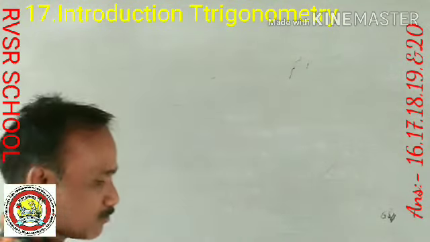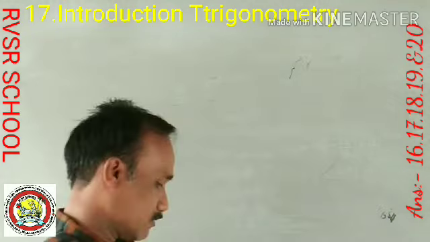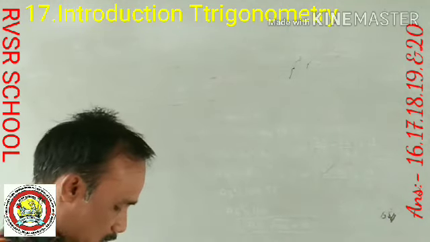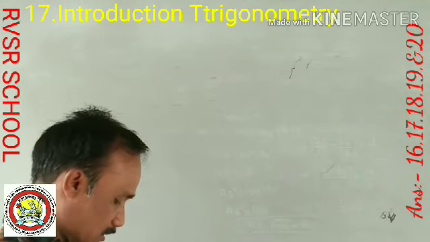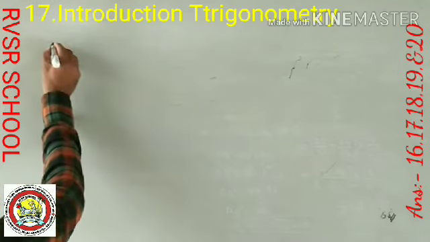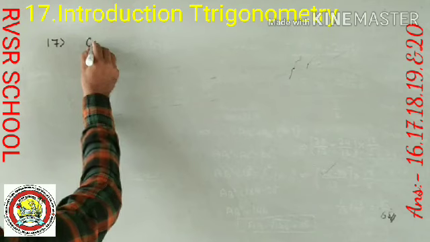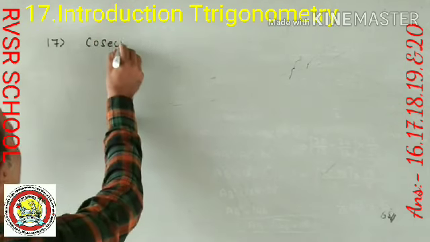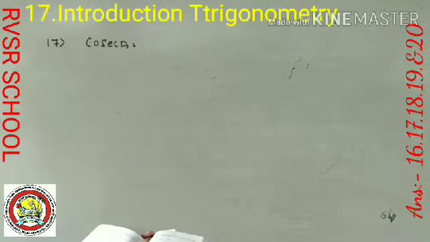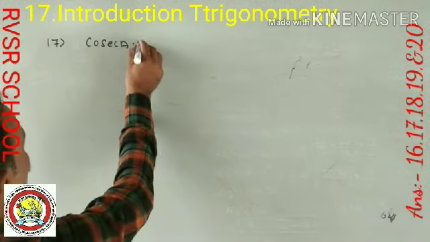Next, question number 17. Given A is an acute angle and cosecant A, that is cosec A, is equal to root 2.